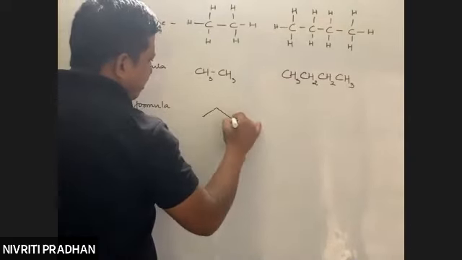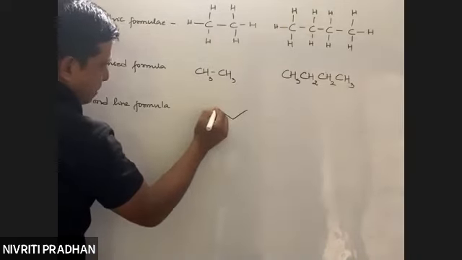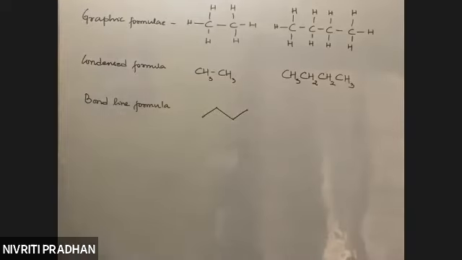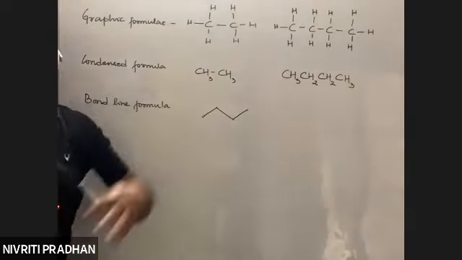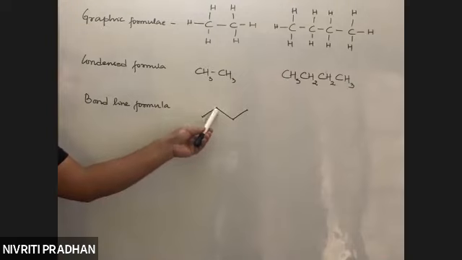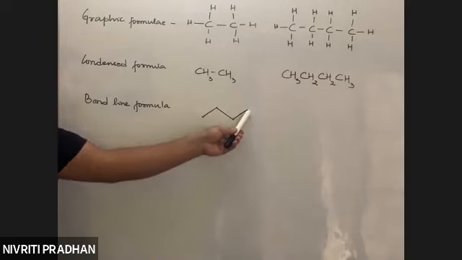This represents a carbon atom. So this is the bond line formula of butane. This end represents CH3: carbon with valency 1 and 2, so 2 hydrogens, CH2, carbon with 2 bonds. So 2 hydrogens, CH2, then CH3 out here. Got it?